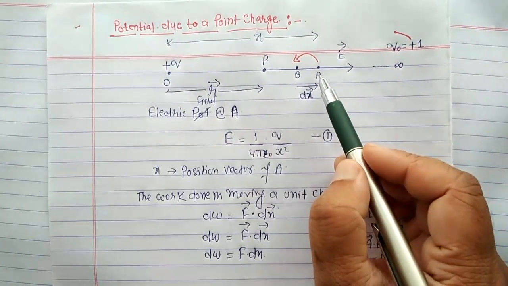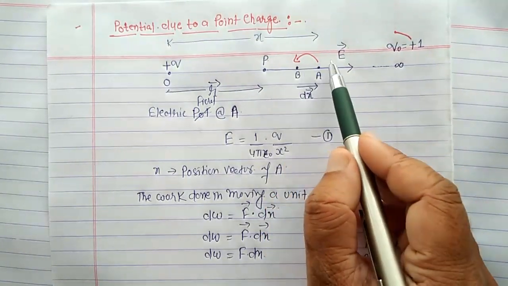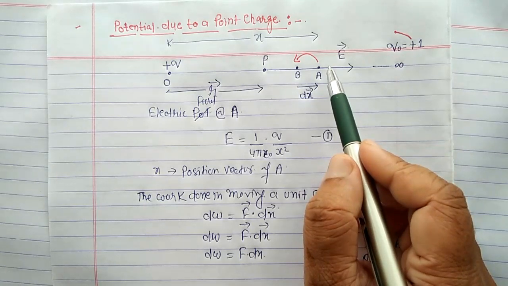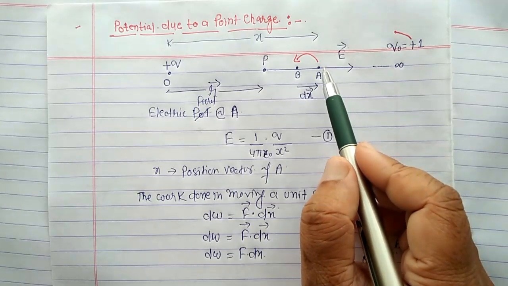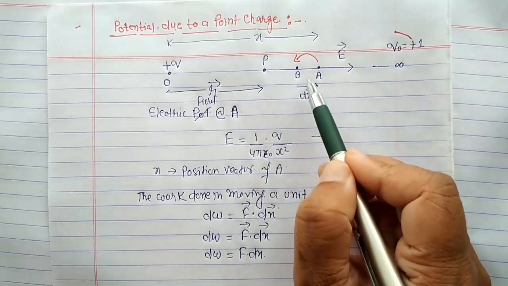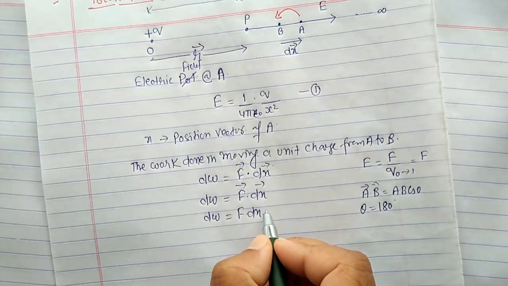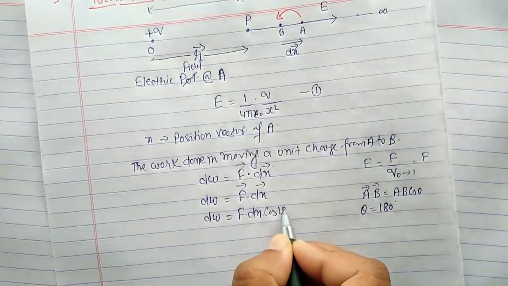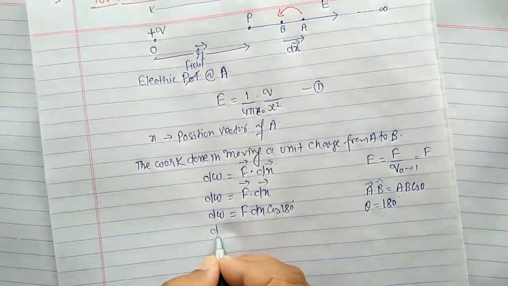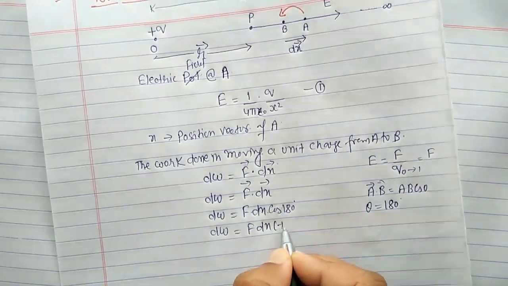The force acting on this unit charge will be repulsive, means B to A, and we are trying to bring this test charge from A to B, so the displacement and force are opposite to each other. So here we get cos 180 degrees, and cos 180 is equal to minus 1. So it will be F dx times minus 1.